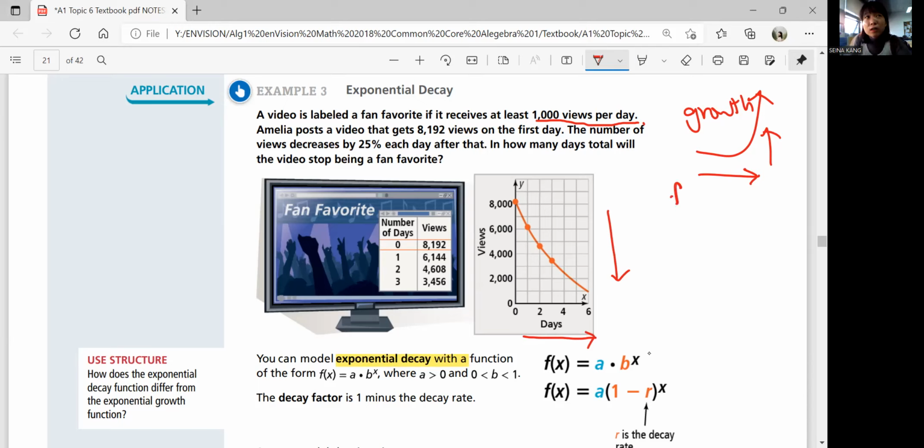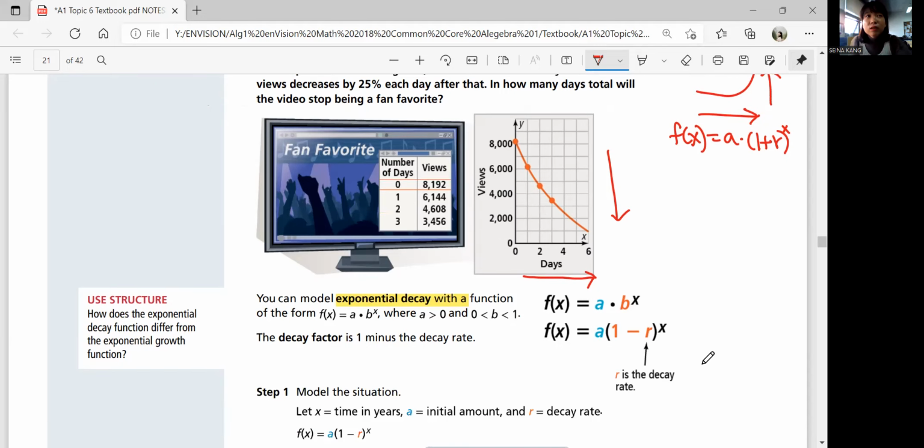Your growth function was f of x equals a times 1 plus r over, well, that was the compound interest formula. But the general growth function is 1 plus r to the power of x. Okay, but then your decay function is f of x equals a times 1 minus r to the power of x. Okay, where r is the decay rate.